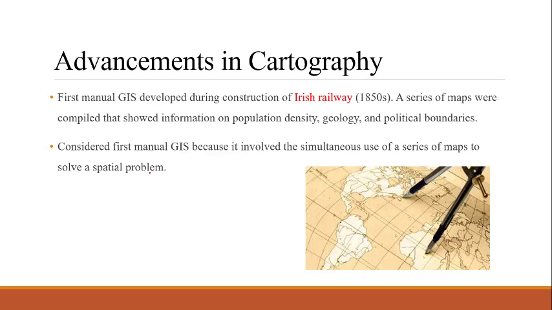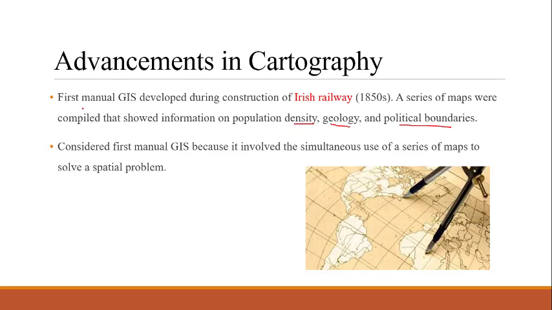Advancements in cartography. The first manual geographical information system was developed during construction of the Irish Railway. A series of maps were compiled that showed information on population density, geology, and political boundaries. It's a simple sentence.